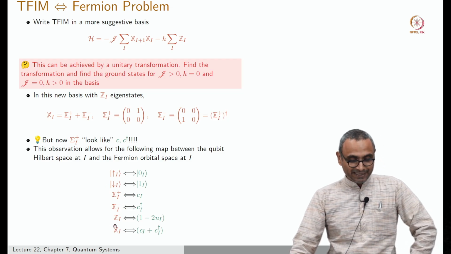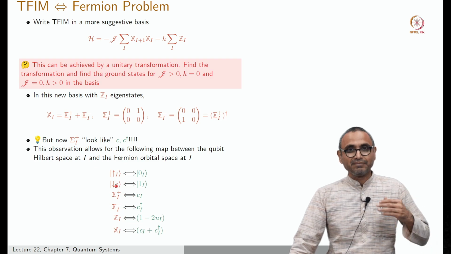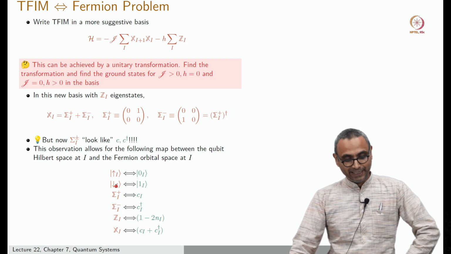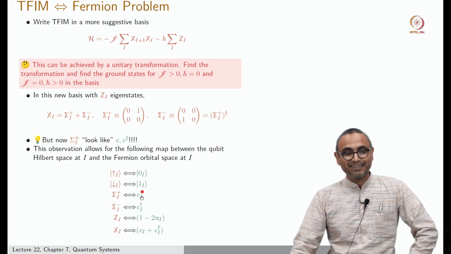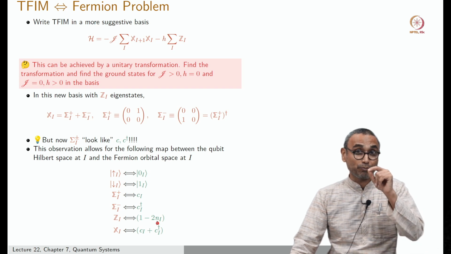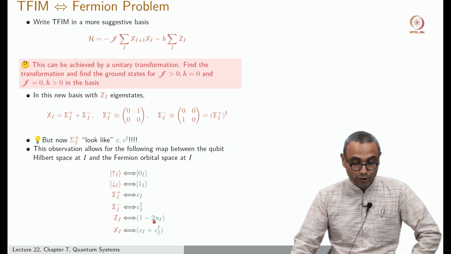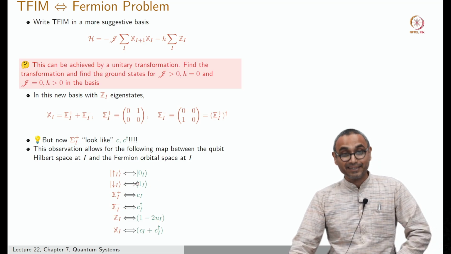What happens when Z i hits the down state? That will give me minus 1 times the down state. And when this object hits the 1 state, N i will pick up an eigenvalue of plus 1. So it will become 1 minus 2 times 1, which is minus 1 times the 1 state.